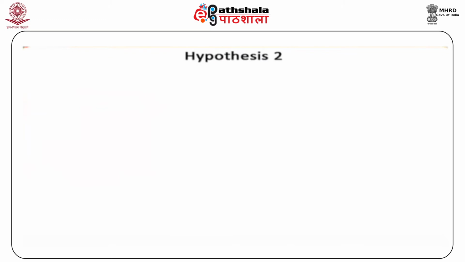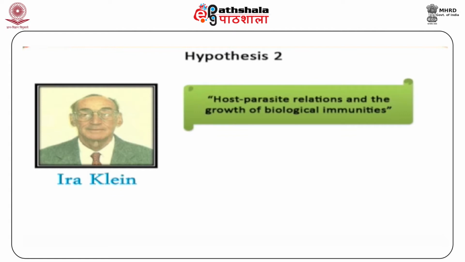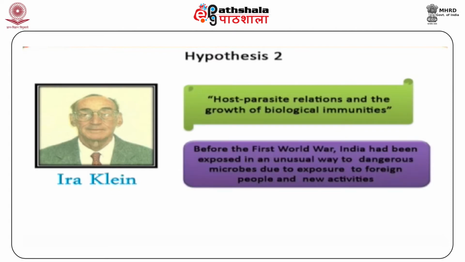Hypothesis number 2. Ira Klein offered an explanation of his own, which was in terms of host-parasite relations and the growth of biological immunities. He argues that before the First World War, India had been exposed in an unusual way to dangerous microbes due to exposure to foreign people and new activities.